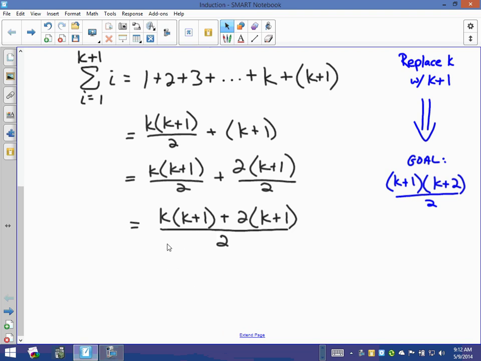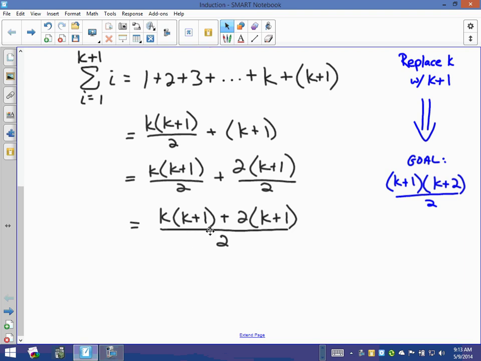And now the next step sometimes confuses students, but remember, you want to keep your goal in mind. Notice how this numerator is in factored form. So on this side, we want to factor it if we can. Here we can directly factor it because this parenthesis and this parenthesis are the same. So we can factor out that common parenthesis.